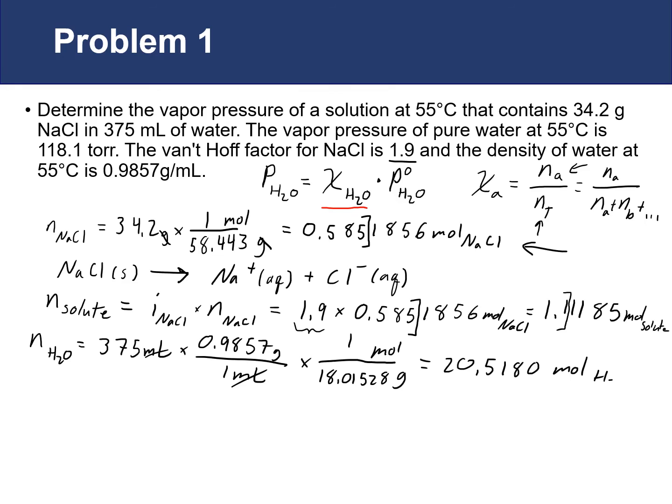moles of water. So our mole fraction for water would be equal to the number of moles of water divided by the number of moles of water plus the number of moles of our solute.